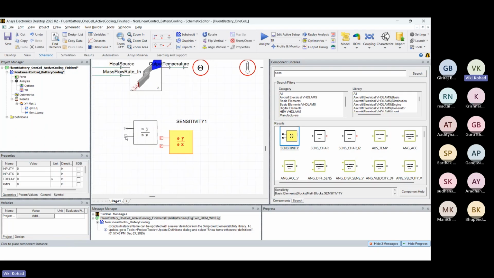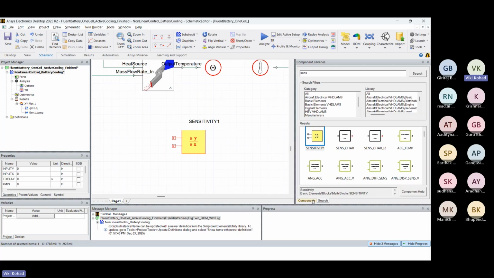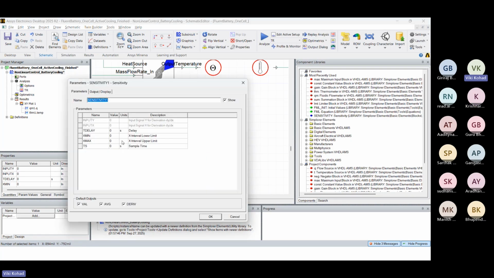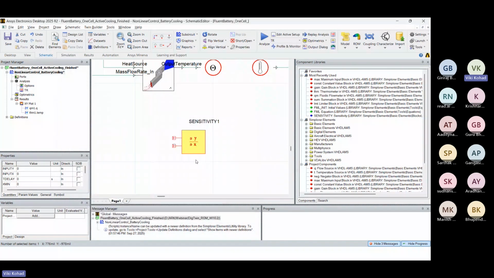Then simulate the model by using this analyze button. It is just as simple as that. You just drag and drop the models and apply the conditions to your models, whatever the time delay, minimum and maximum limit, and the sample time. Give those, and then you can analyze the model.